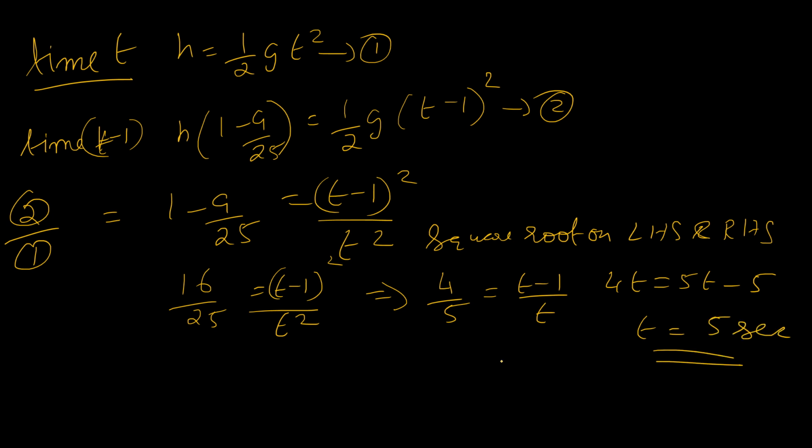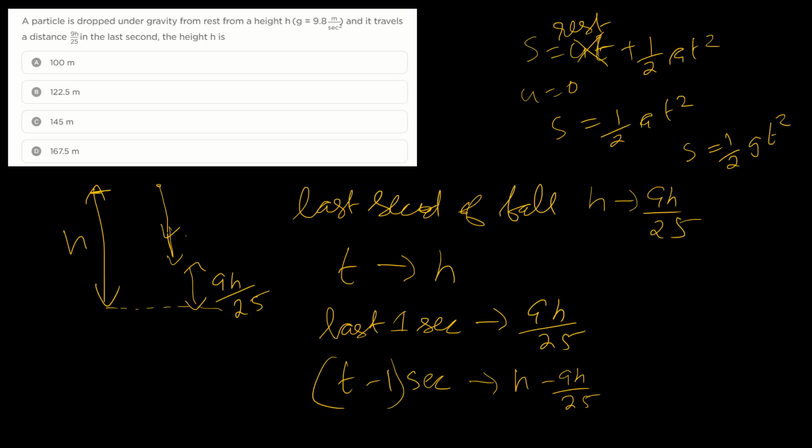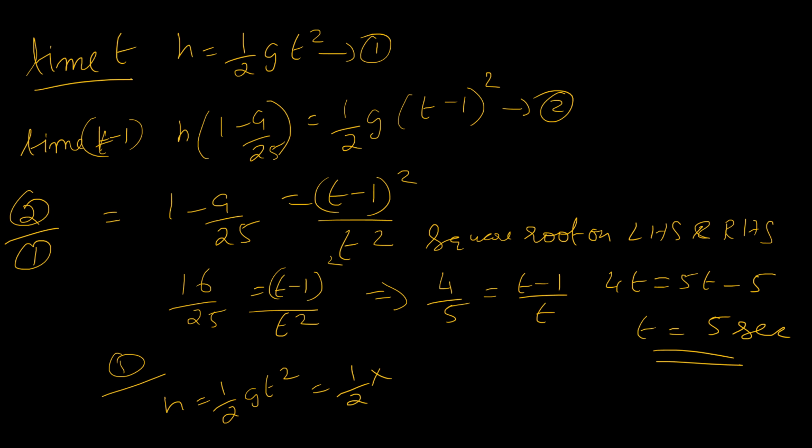Now we got t, but do we need t? No. What we need to find is h. Then we can use the first equation: h is equal to half gt square. Half into g, we can either take 9.8 or 10. Since the question mentions g is equal to 9.8, we must use 9.8 only.